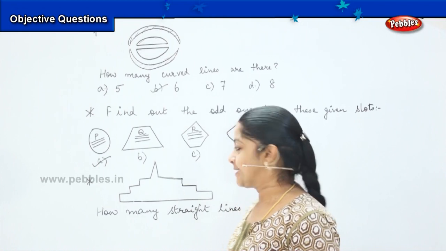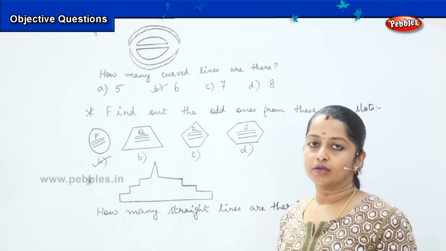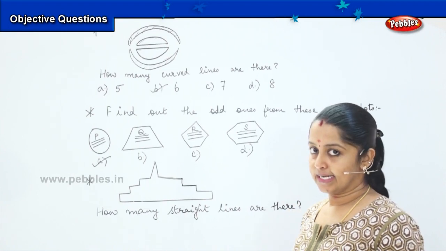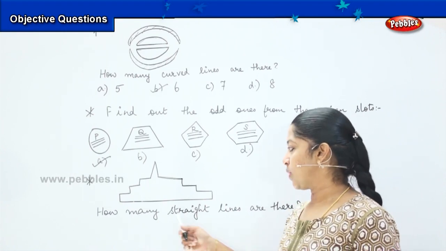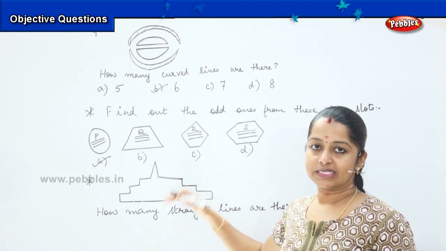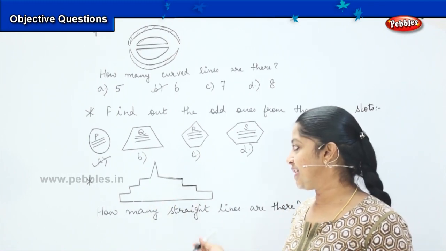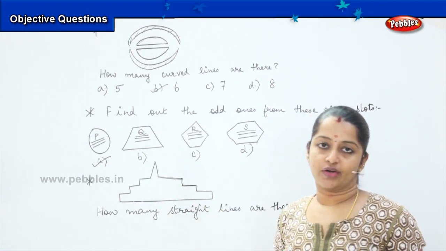Remember children, straight lines include all the three, which is the vertical line, horizontal line and the slanting line. So don't get confused when I say a straight line. Even if it is a slanting line or a sleeping line, all form a part of the straight line. We only have to see if there is any curved line included.